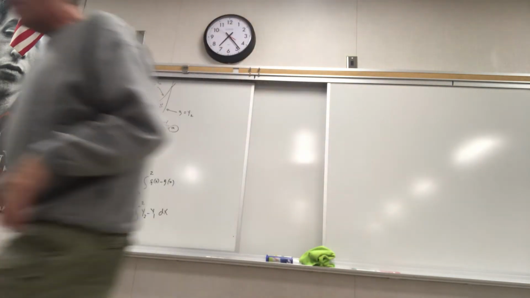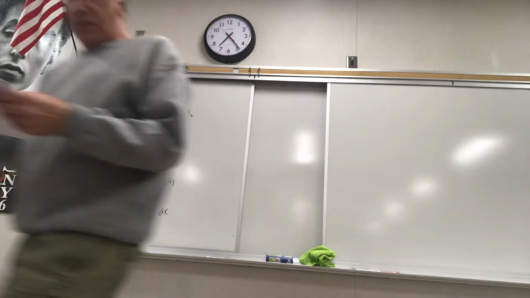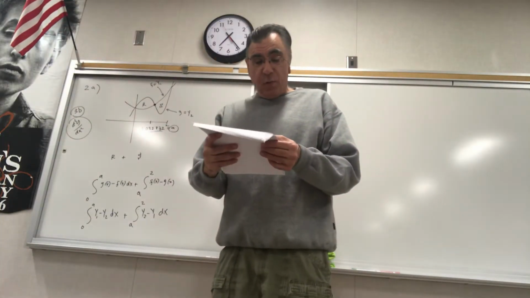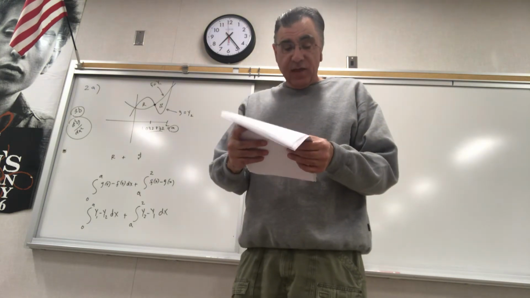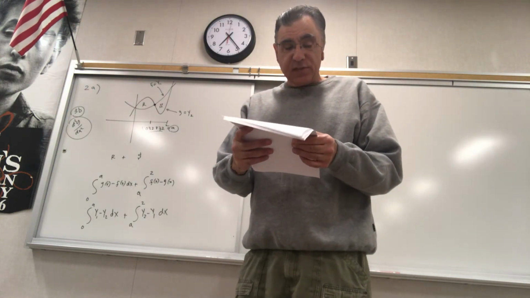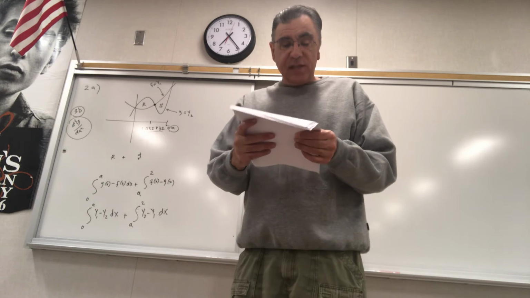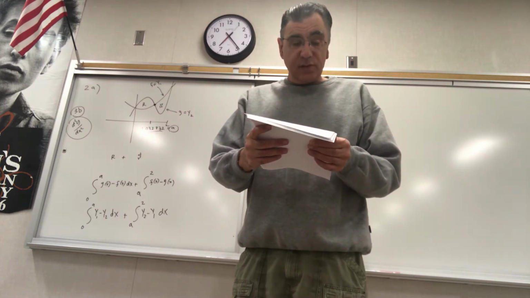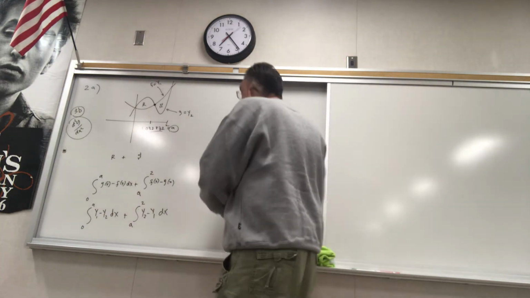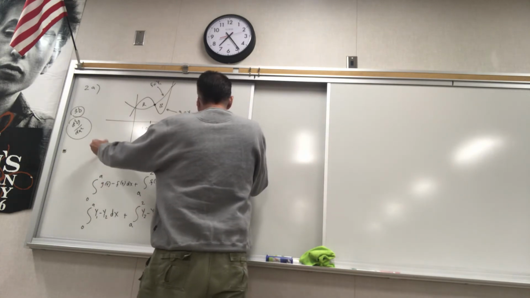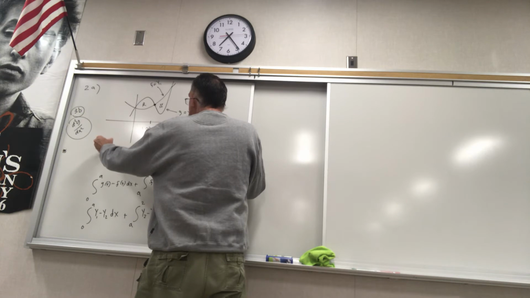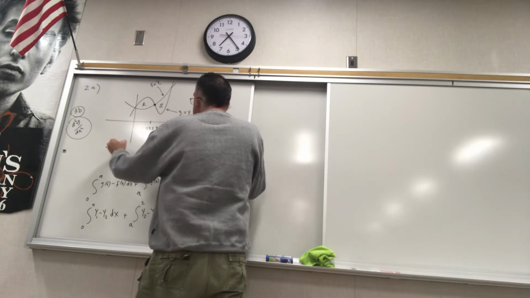Now, one second. The area of the first one is 0.997427, and the area of the second one is 1.006919, so it adds up to 2.004. Let me write those down real quick. The area of this first one, if you do this integral, is going to be 0.997.